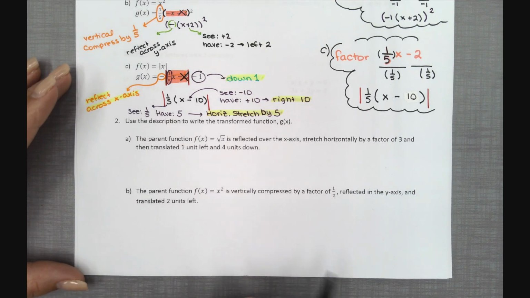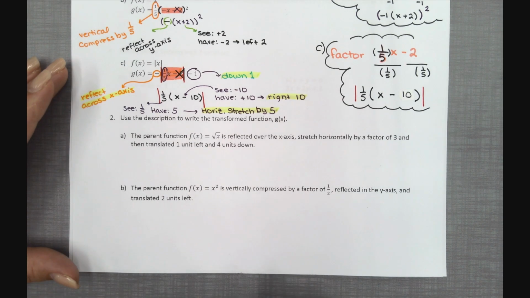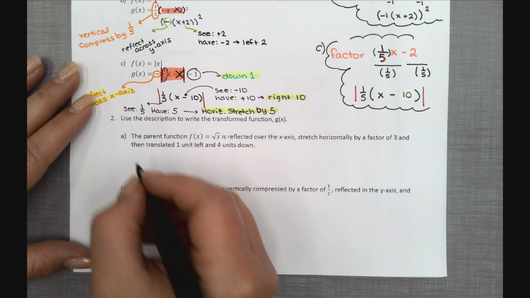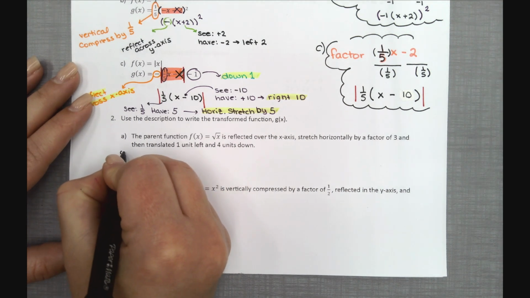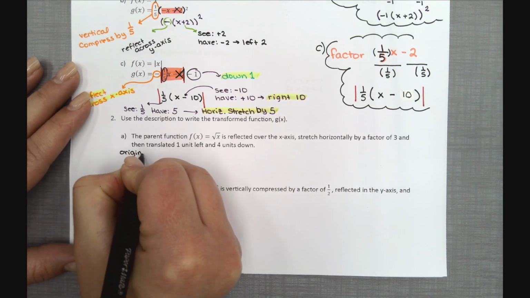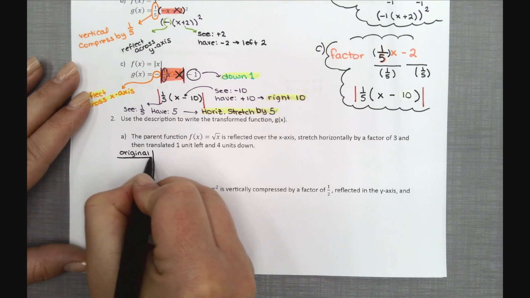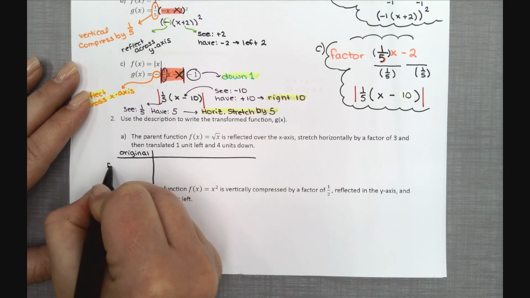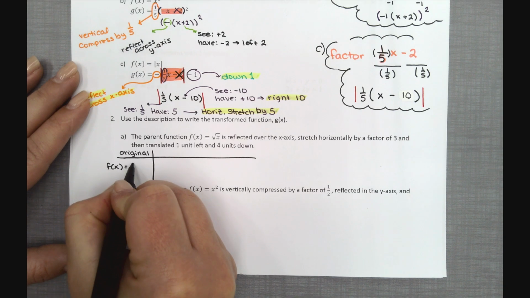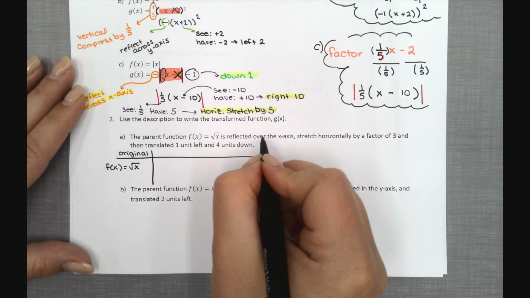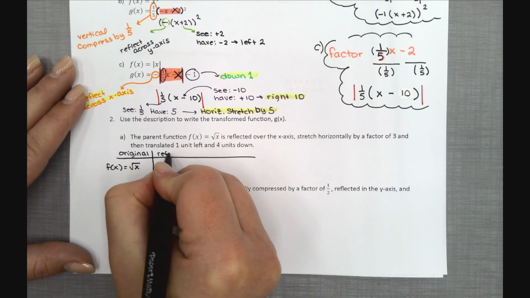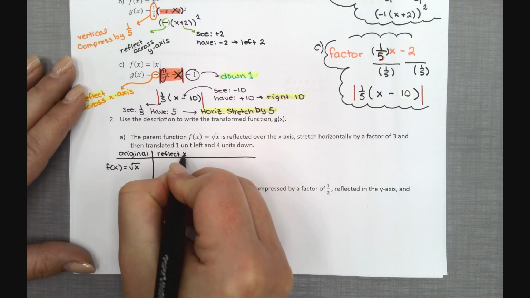So in class, I did ask you to use a table method. So in the table method, I have the original. So let's start there. Original is given to us as f of x. You can ignore f of x if you'd like. Then we are reflected across the x-axis.